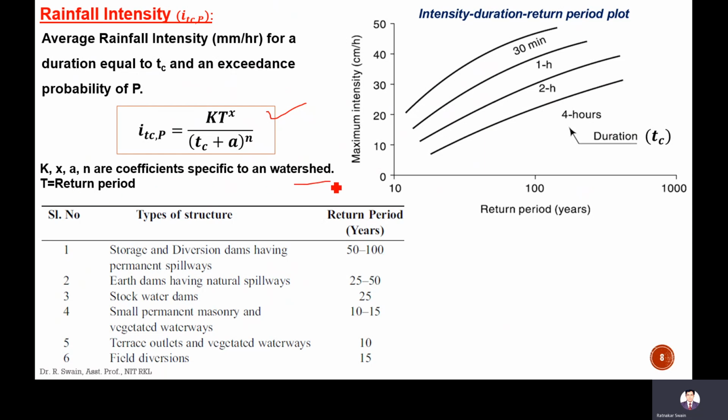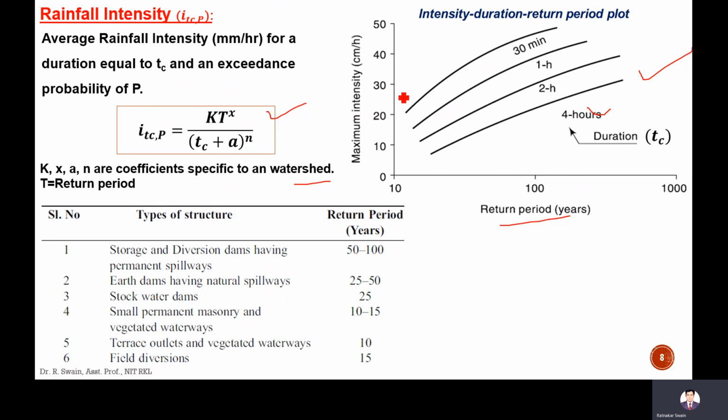Usually this rainfall intensity is determined from the intensity, duration, return period plot.